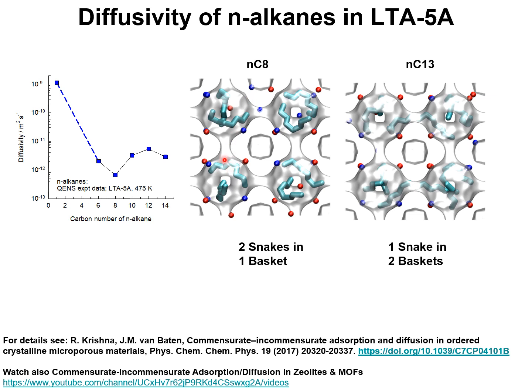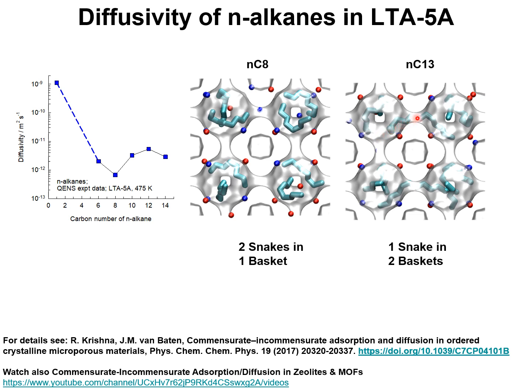NC8 has a chain length that allows two molecules to locate within a single cage. See, we have two molecules here, two molecules here, two molecules here, two molecules here. However, NC13 has a chain length that is significantly longer and has to occupy two cages here.